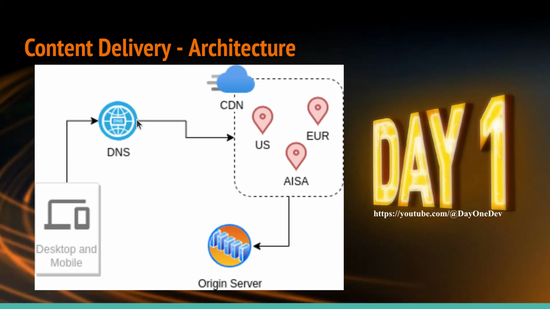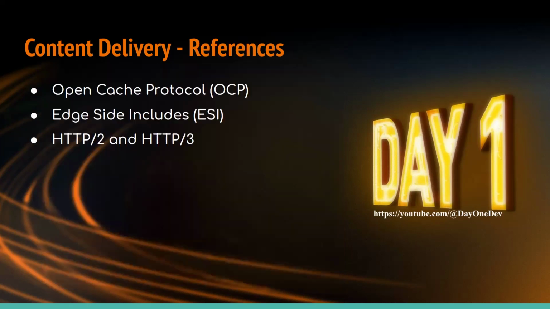Right? Keeping all this aside, I suggest that CDNs have certain specifications which I highly recommend you be aware of. These specifications will help you when you're picking your CDN. So let's go to our references here.